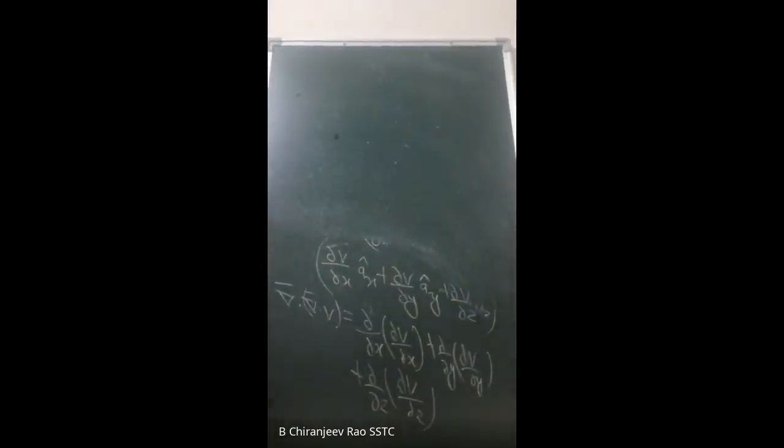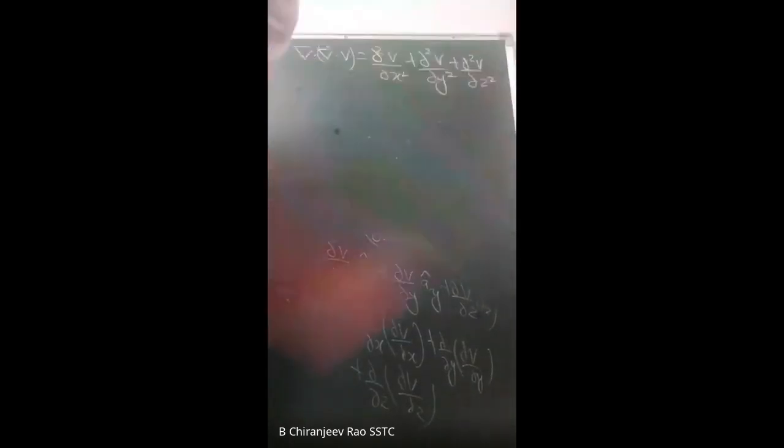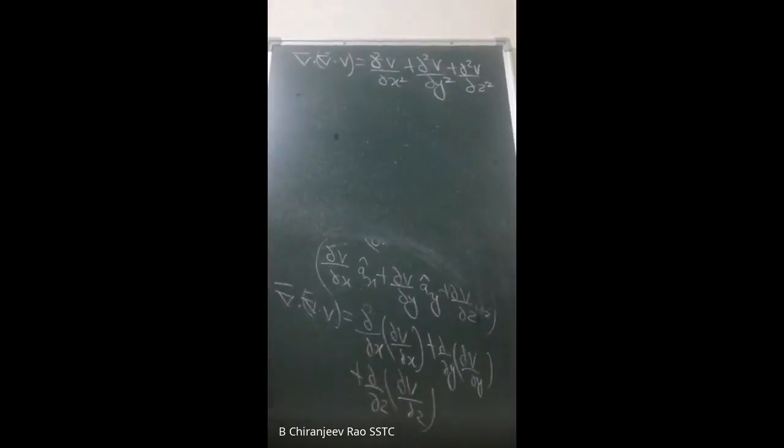This can be written as the vector operator squared on V is equal to del square V by del x square plus del square V by del y square plus del square V by del z square. Okay, so we got this new formula.